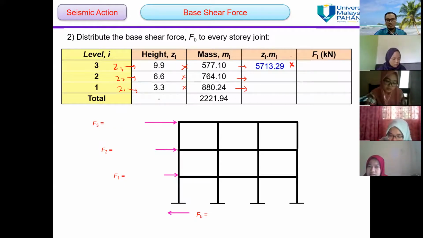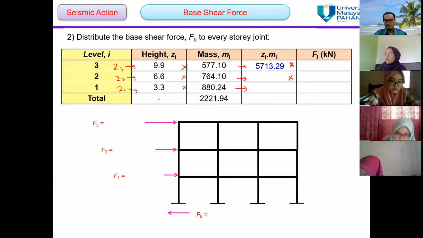Okay, next, what is the value here? 1313. Okay, good. What is the value for story number 2? 5043.06.